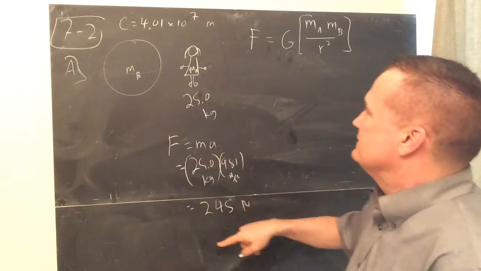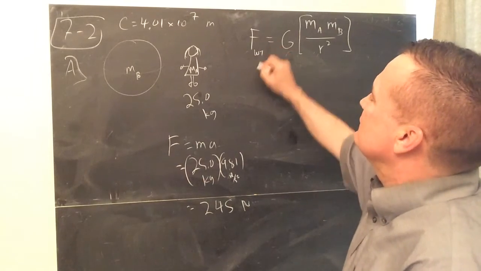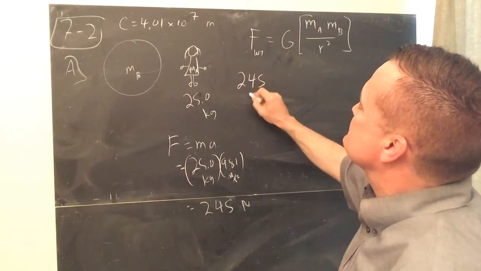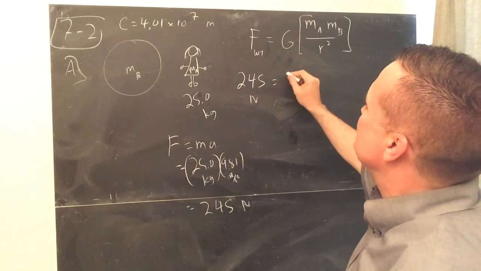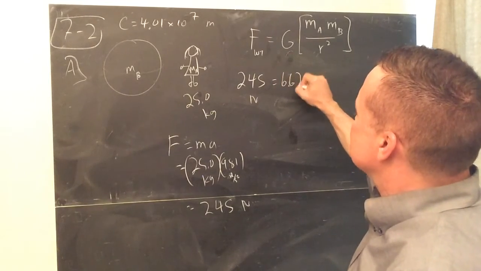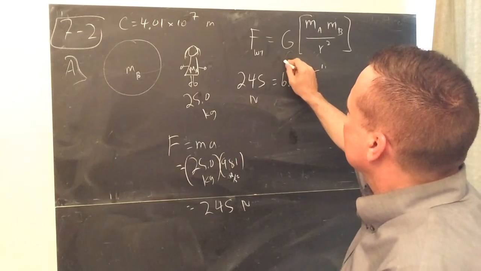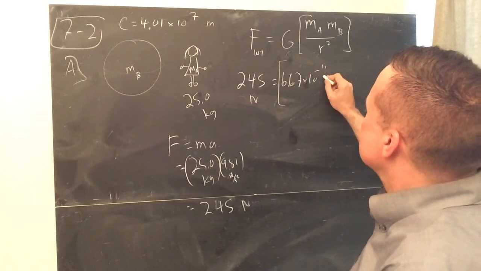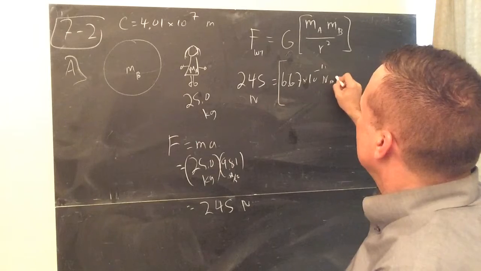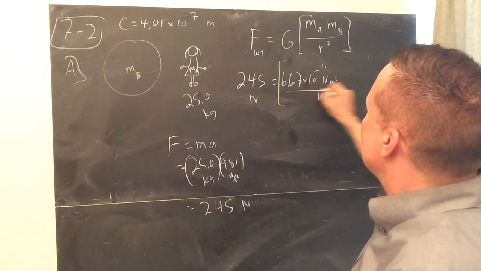That is her weight. So her weight, 245 newtons, would equal the gravitational constant, which is 6.67 × 10^-11, in newton meter squared per kilogram squared, if you care to have that all there.